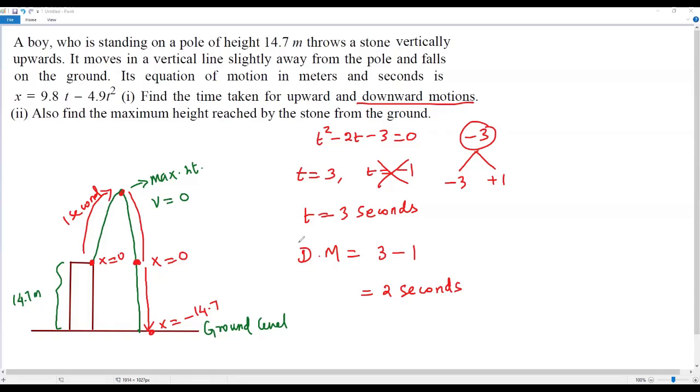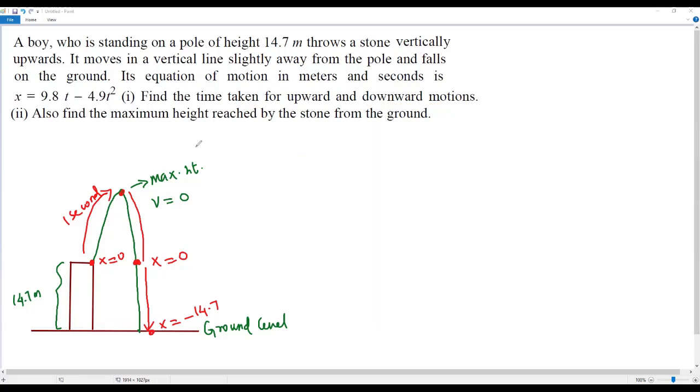Now let's answer the second subdivision, that is, find the maximum height reached by the stone from the ground. Let me erase the stuff we have over here. Okay, let's continue. Already we know that the stone takes 1 second to travel from the top of the pole to the maximum height.